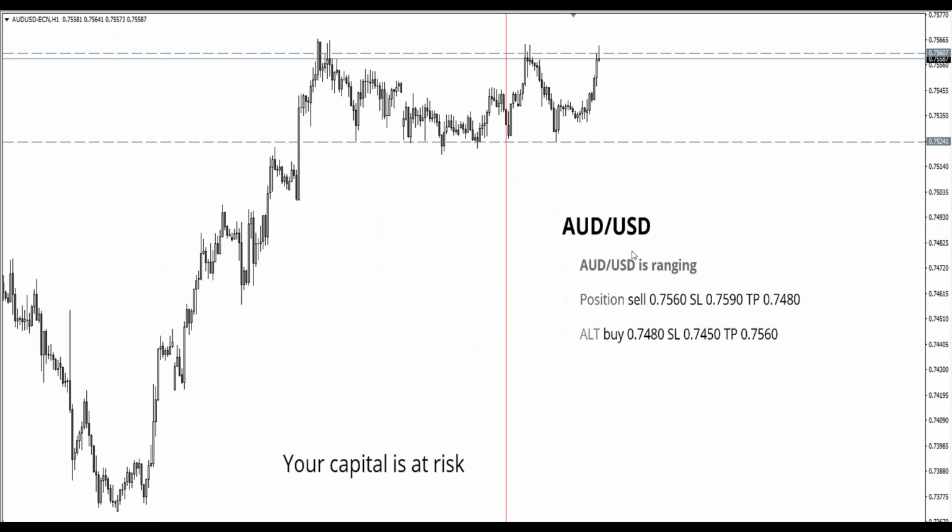Australian dollar, good. Considering how slow Australian dollar is, this is one of the better trades, really one of the better trades, definitely, especially because the Australian dollar trade was in a bit of a range. You can see here, range.